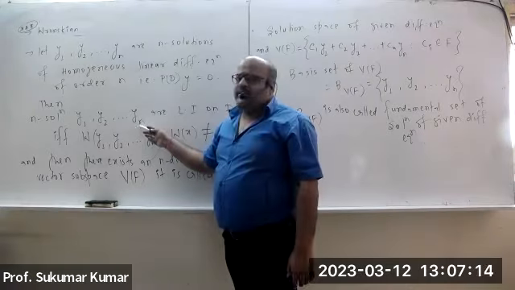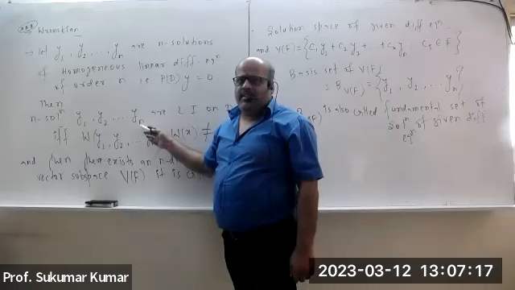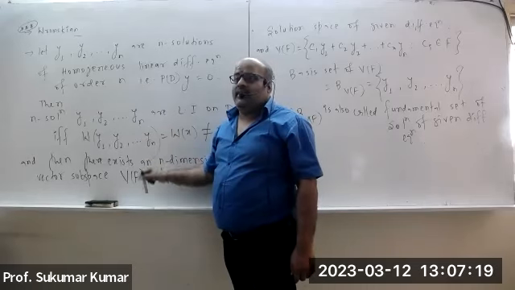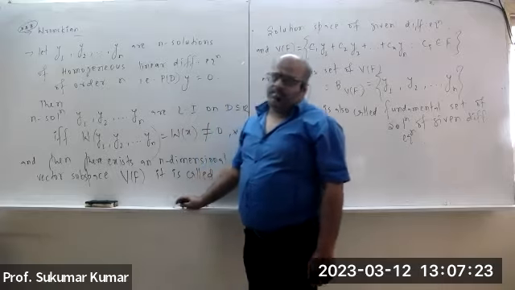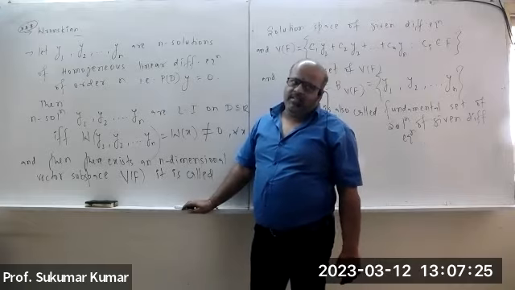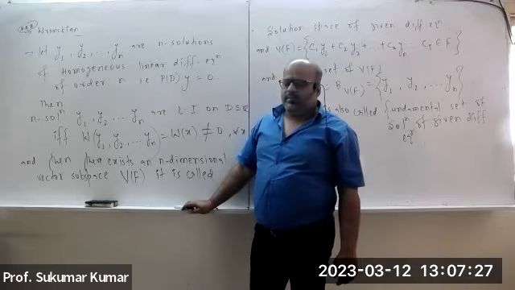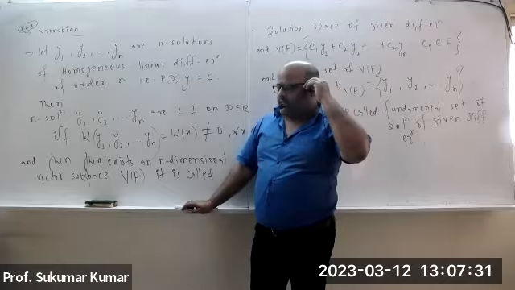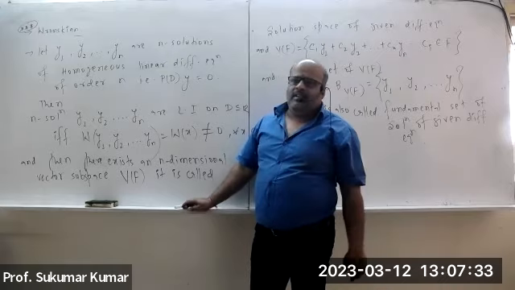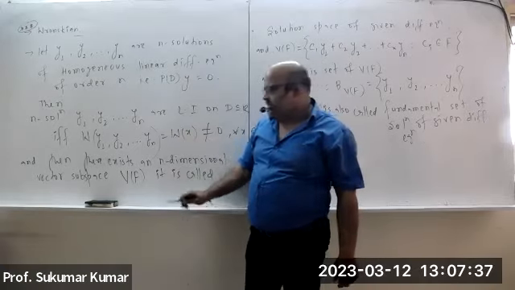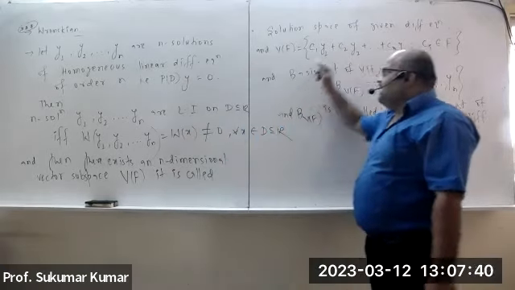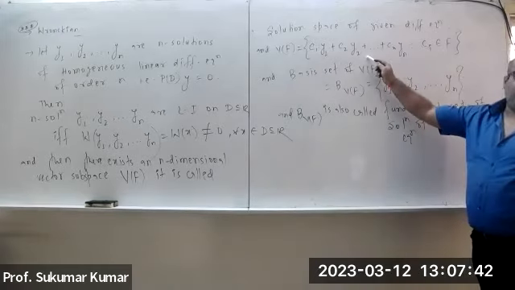When n independent solutions are linearly independent, by this we can generate a vector space. Vector space is still not taught in the weekend batch, but we will discuss it a little in linear algebra too. So when any n independent solutions are there, by them we can generate a vector subspace, and generating means by linear combination.